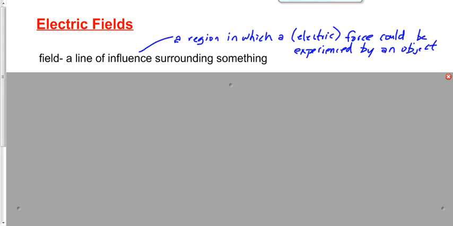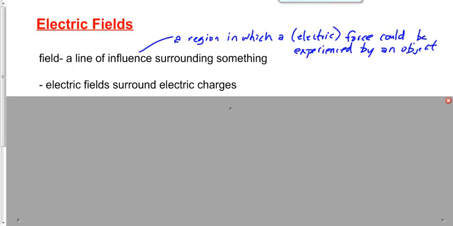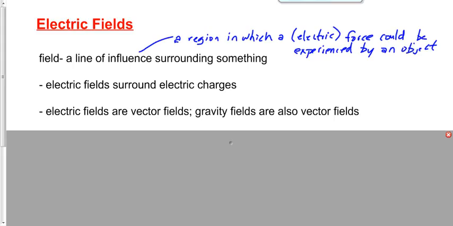What does an influence do? Well, it causes a force, perhaps on an object that's charged if that object happens to be in that field. Gravitational fields surround objects with mass. Electric fields surround objects with charge. They're both vector fields because they both have a direction associated with them, not in the way they travel, but rather in the way they influence.